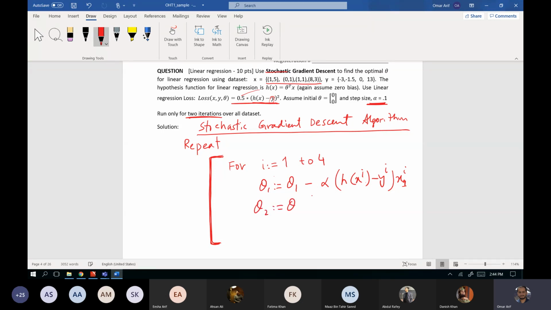Similarly for theta 2. Remember, in this question we are not considering the bias term. So that is why it is not here. Okay, any question up till now?